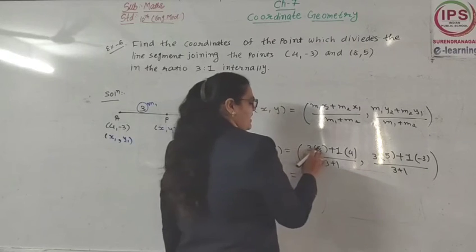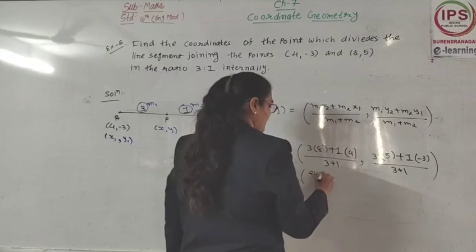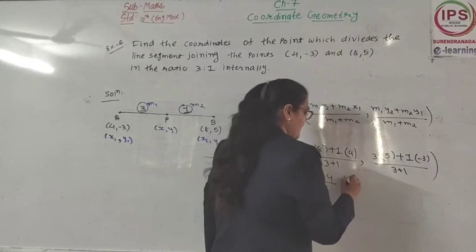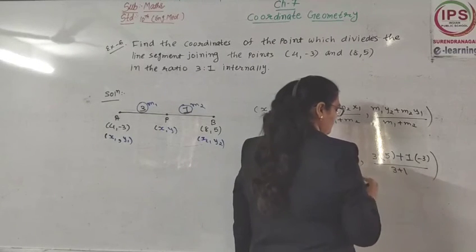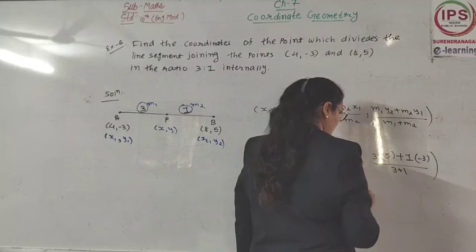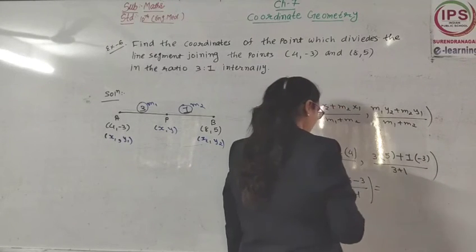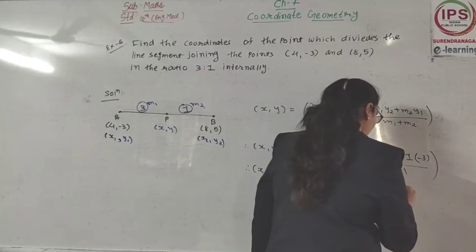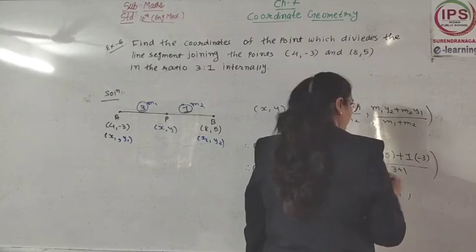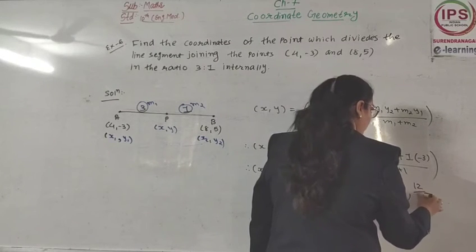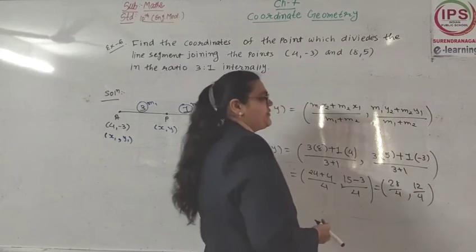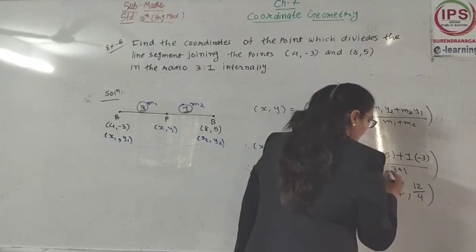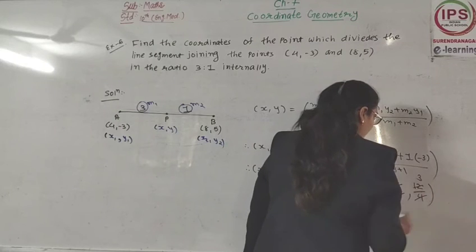Therefore x, y is equal to (8 threes are 24, 4 ones are 4, 3 plus 1 is 4), comma, (5 threes are 15 plus minus 3 ones are 3, 3 plus 1 is 4), which is equal to 24 plus 4, 28 divided by 4, comma, 15 minus 3, 12, divided by 4. Now in the table of 4, 28 is 4 sevens, and 12 is 4 threes.